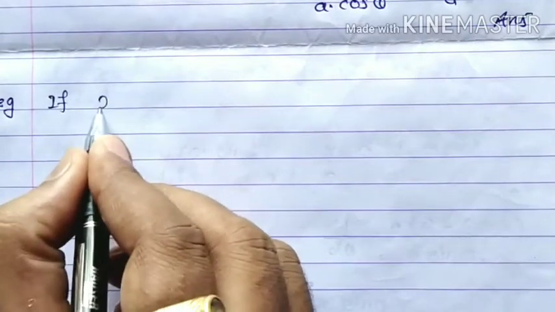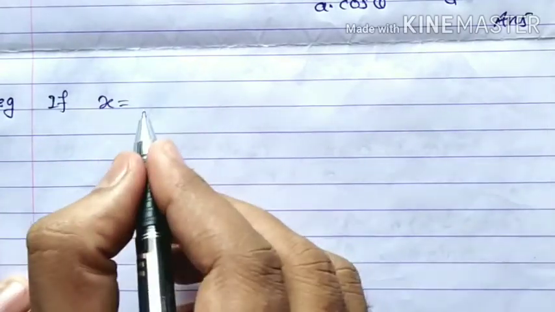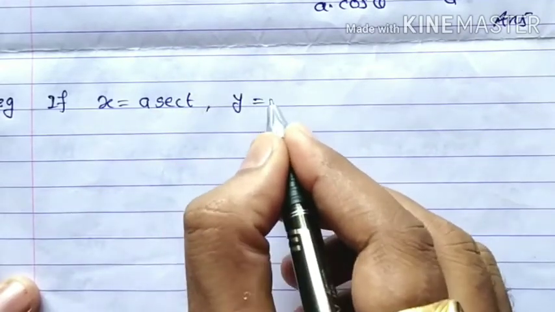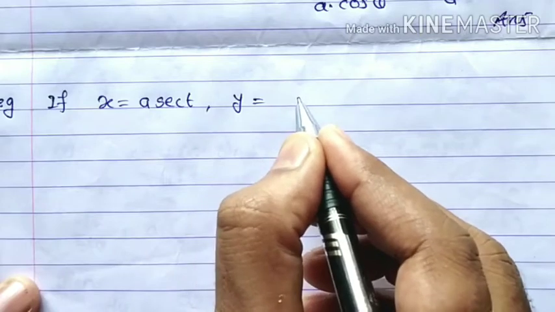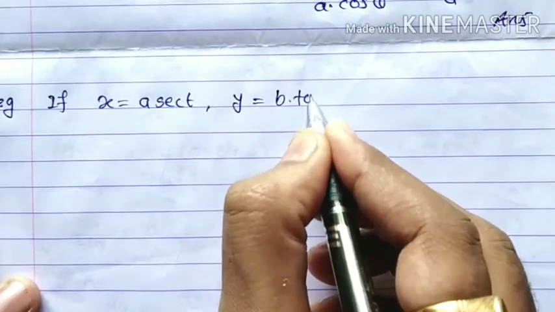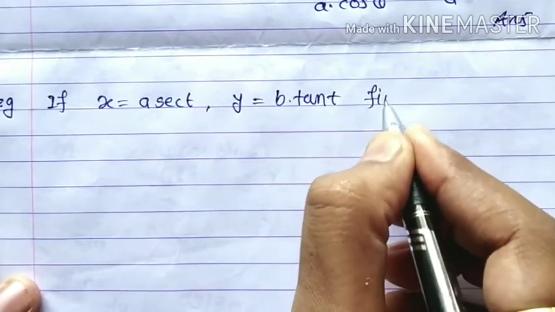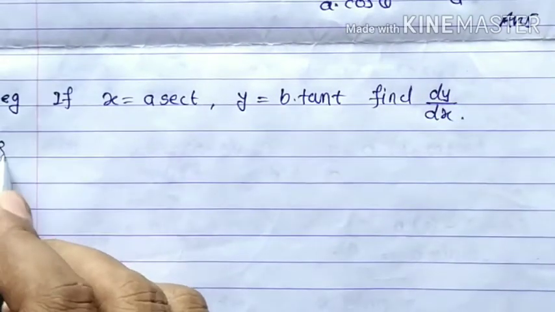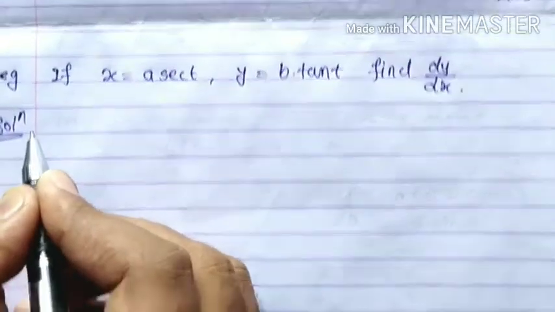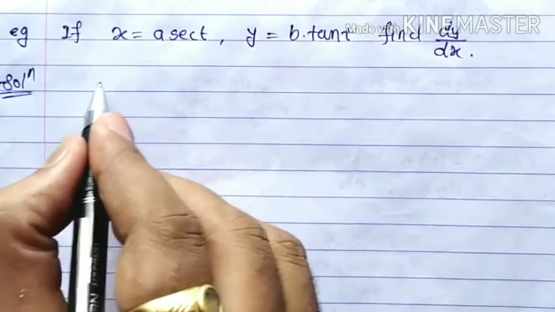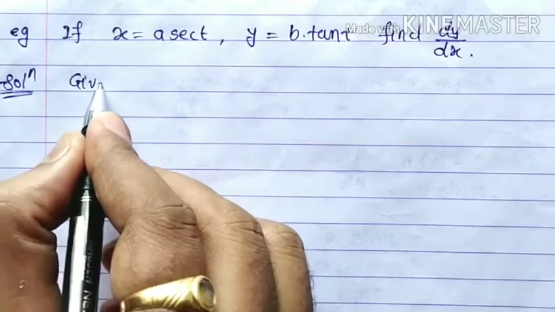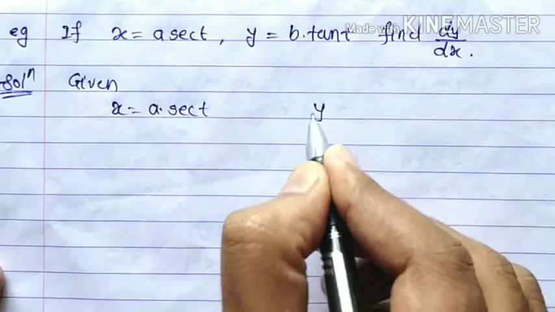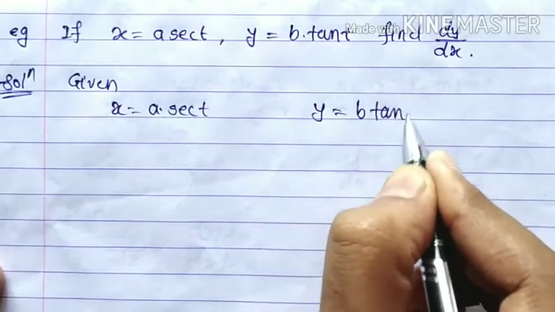Here we consider one more example. If x is equal to, suppose, a sec t and y is equal to, suppose, b tan t, find dy by dx. And so we write the solution. This is also a parametric function where the parameter is t. So we start with the given values, x equal to a sec of t and y equal to b tan of t.